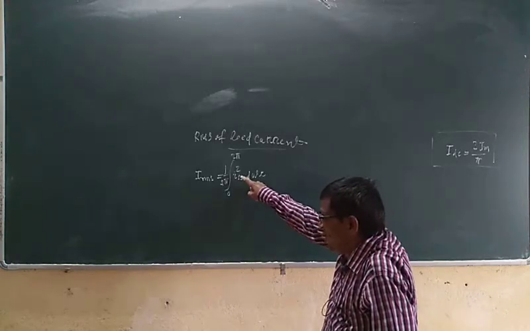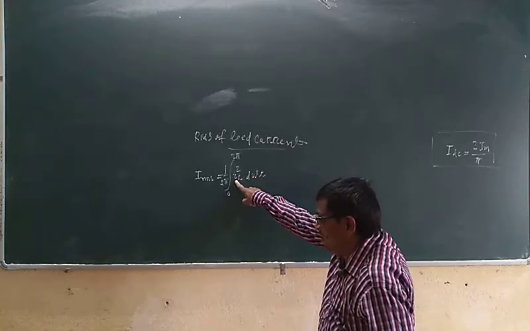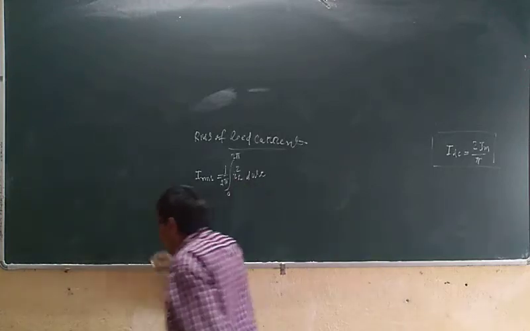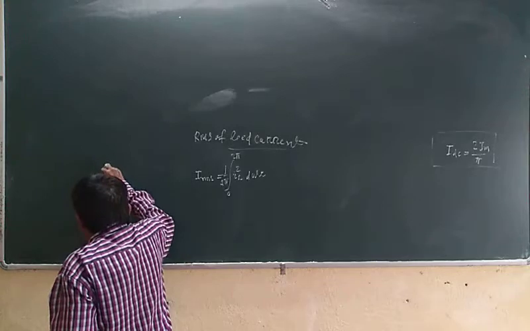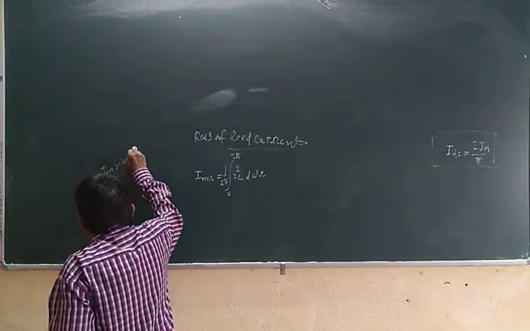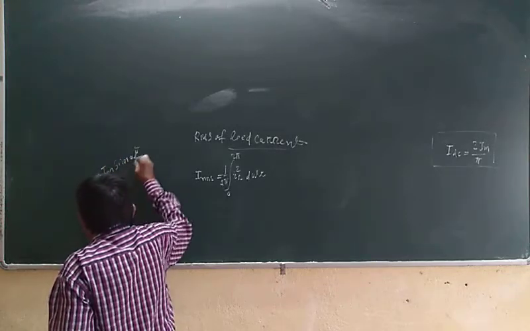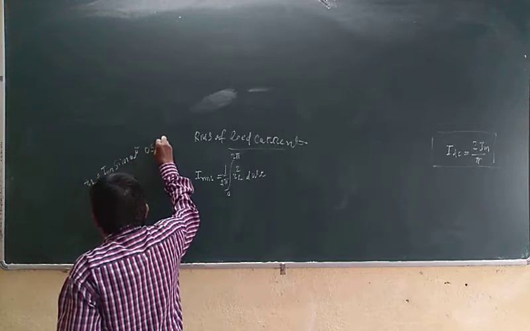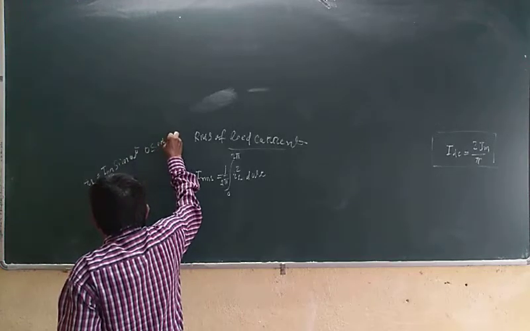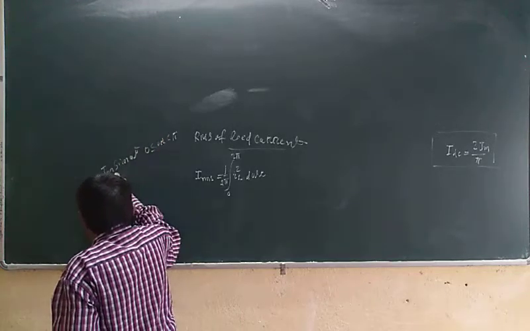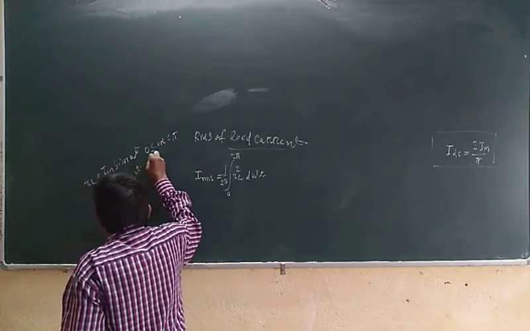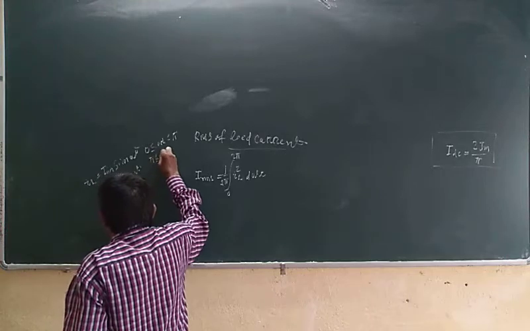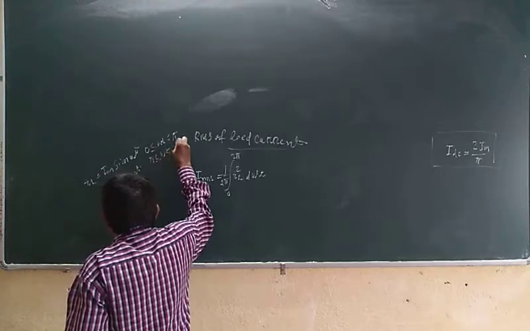Now we take the IL. IL is known as Im sin omega t. IL means Im sin omega t for 0 less than or equal to omega t less than or equal to pi, and minus Im sin omega t for pi less than or equal to omega t less than or equal to 2 pi.